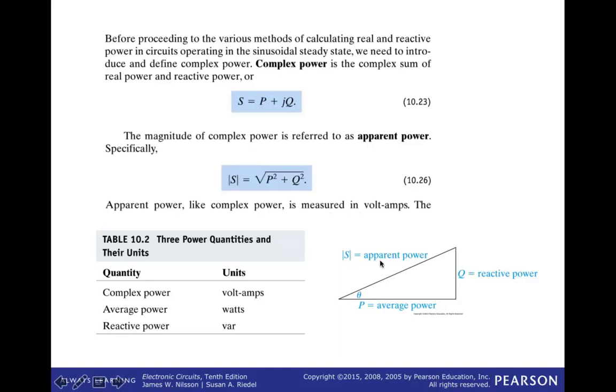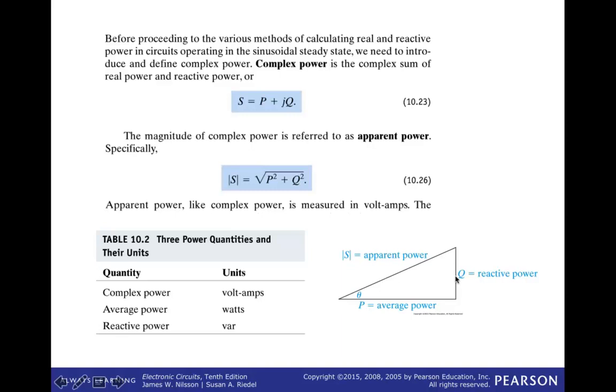Interestingly enough, if this is power that is delivered to a load Z, and Z is the complex load, you can form a similar triangle for the load impedance. And when I say similar, I mean that in the geometric sense. So the angle will be the same, and the ratios of the sides of the triangle will also be the same. That similar triangle, in place of P, would have R, the resistive component of the impedance.